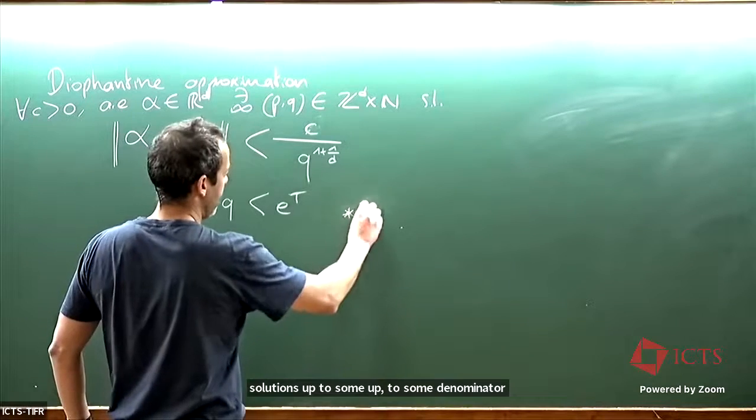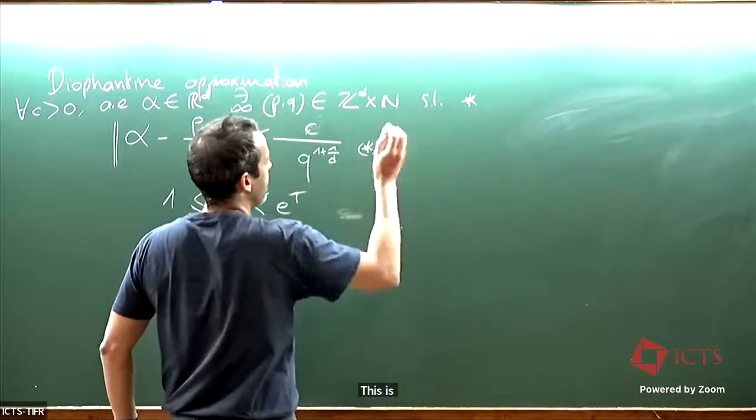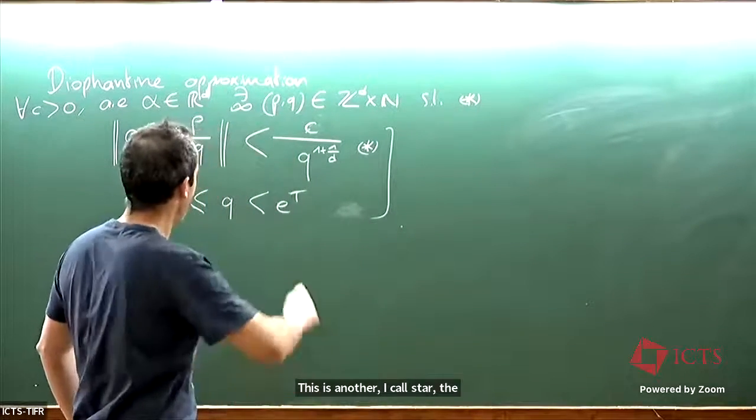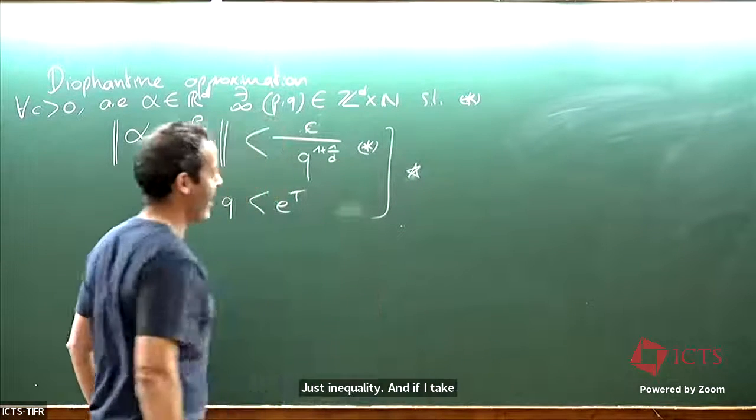I call star the first inequality, and if I take this system of inequalities, I call it this other kind of star.